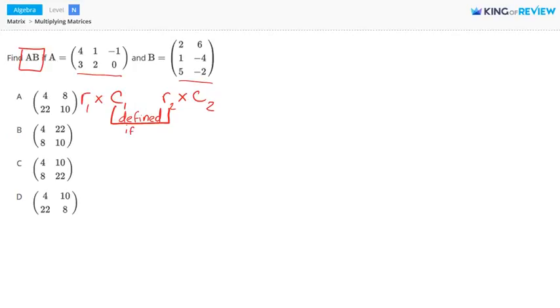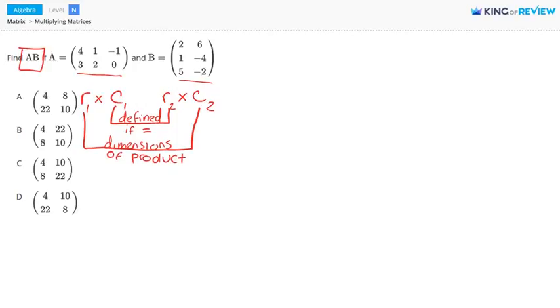So defined if equal. If they're equal, then we can go forward and multiply the two matrices together, and we'll know the dimensions of the product by looking at these numbers. So the number of rows in matrix 1 times the number of columns in matrix 2. So these are the dimensions of the product.